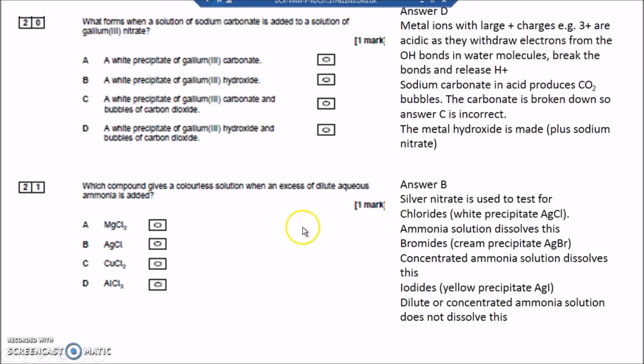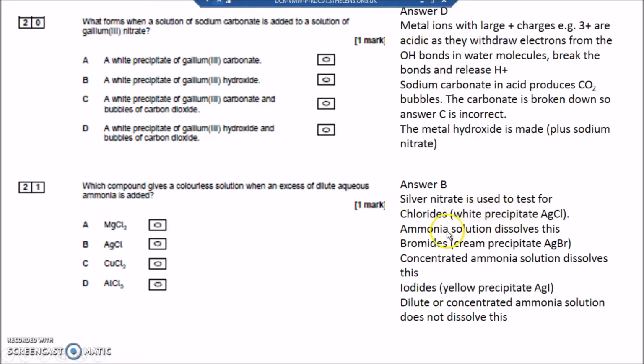Silver nitrate makes silver chloride, which is a white precipitate, with any kind of chloride. Silver bromide is a cream precipitate, and silver iodide is a yellow precipitate. But if you can't tell the difference between white, cream and yellow, then you add dilute ammonia. Dilute ammonia makes the silver chloride dissolve.